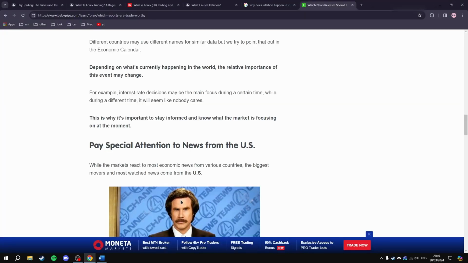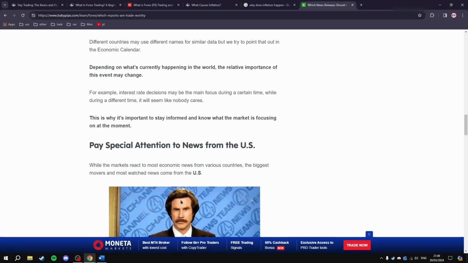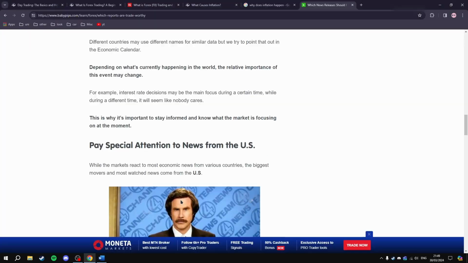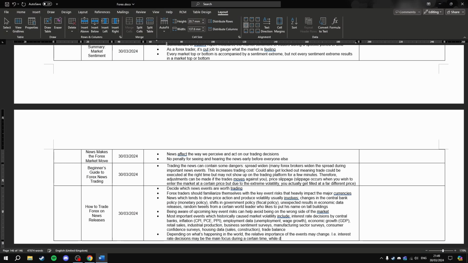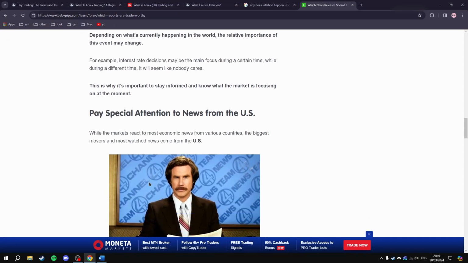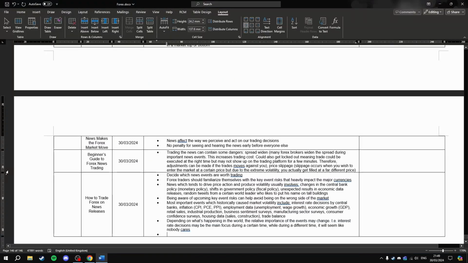For example, interest rate decisions may be the main focus during a certain time, while during a different time it will seem like nobody cares. This is why it's important to stay informed and know what the market is focusing on at the moment.